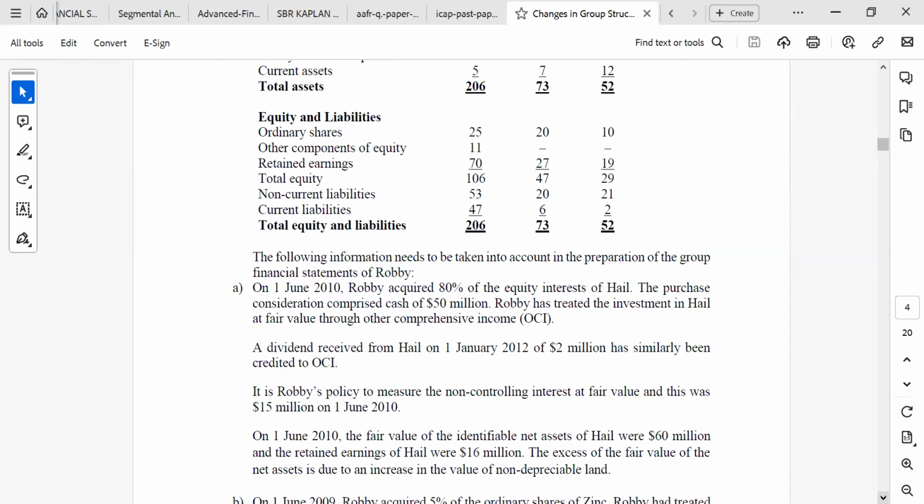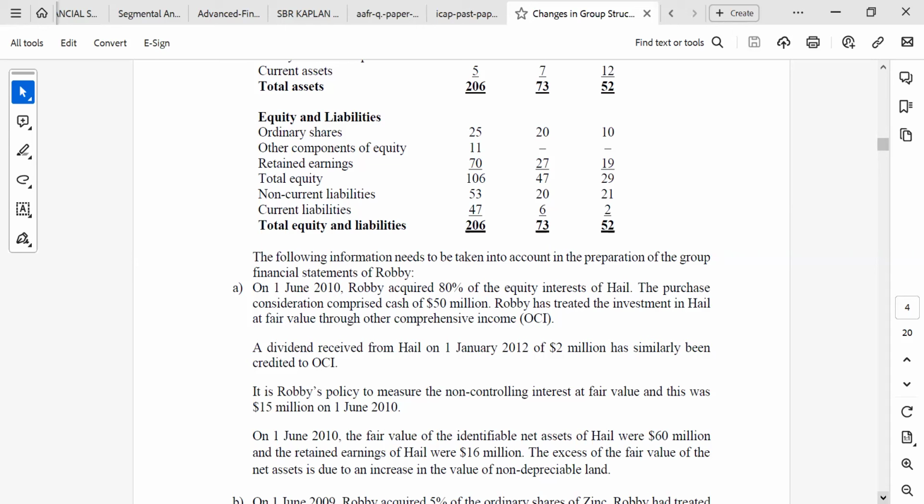They say that a dividend received from Hill on 1st January 2012 of 2 million has similarly been credited to what? OCI. If you are receiving a dividend from the subsidiary, where would the dividend be supposed to go? Is it supposed to go to OCI, or is it going to be retained earnings?